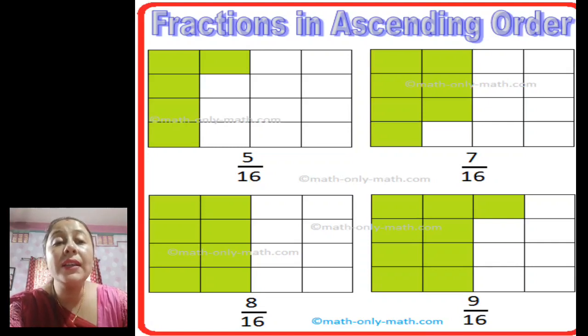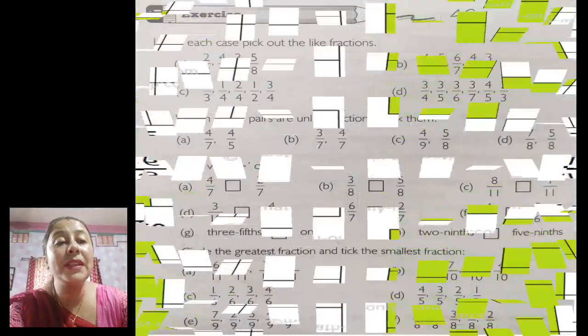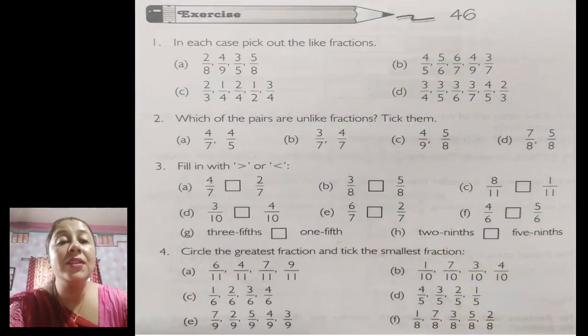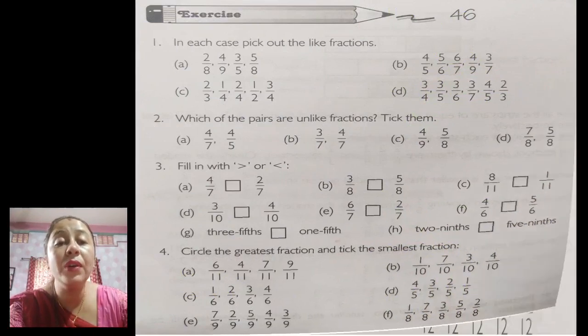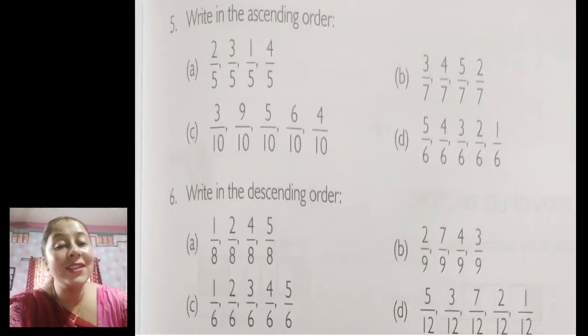So you can clearly see that the smaller numerator will be written first in ascending order, and in descending order the fraction with the greatest numerator will be written first. I hope it is clear to you all. In today's class, children, we will do exercise 46, numbers 1, 2, 3, 4, 5 and 6. So let us proceed to our class.